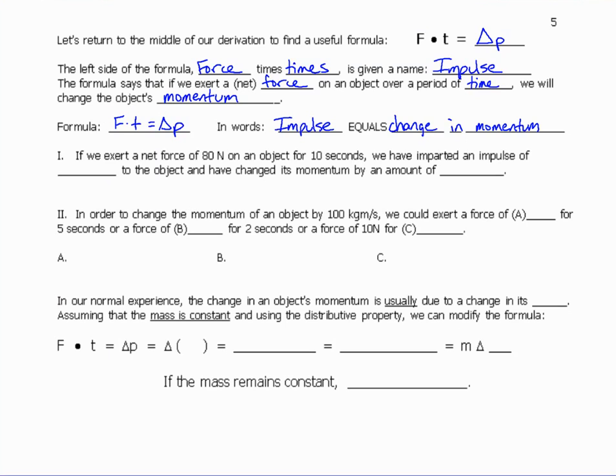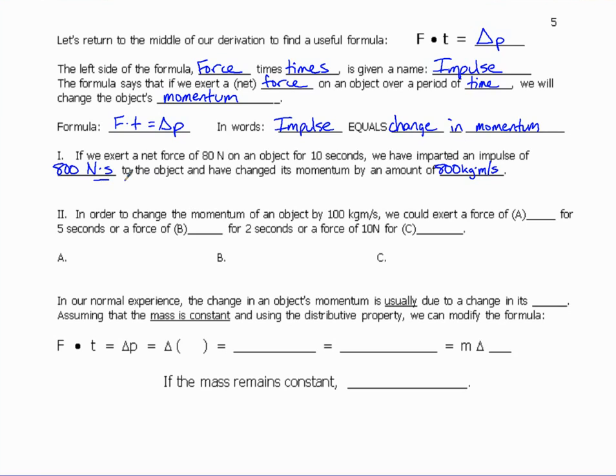So if we exert a net force of 80 newtons on an object for 10 seconds, force times time, we have exerted an impulse of 800 newtons times seconds to the object, and have changed its momentum by an amount of 800 kilograms times meters per second.